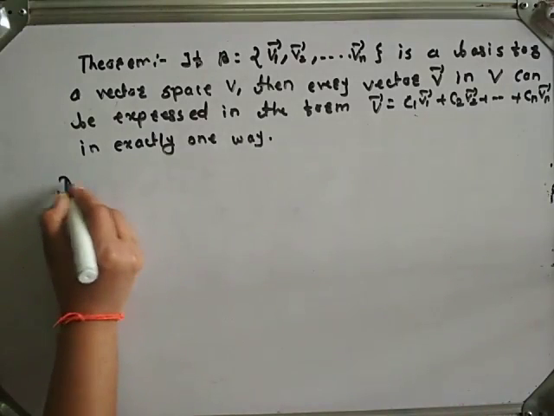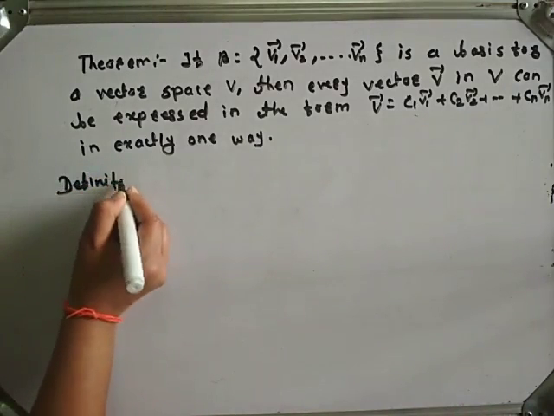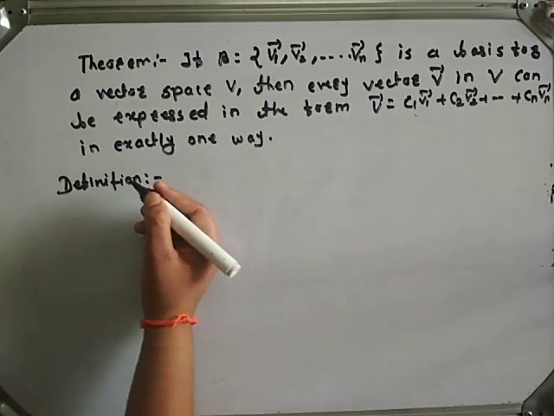Okay. Let us see the next definition: coordinate vector.